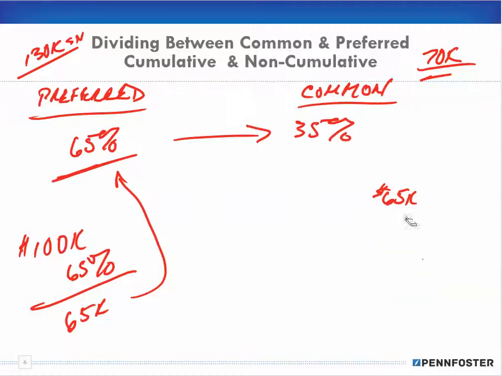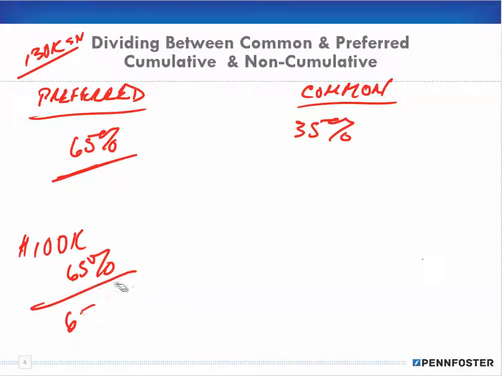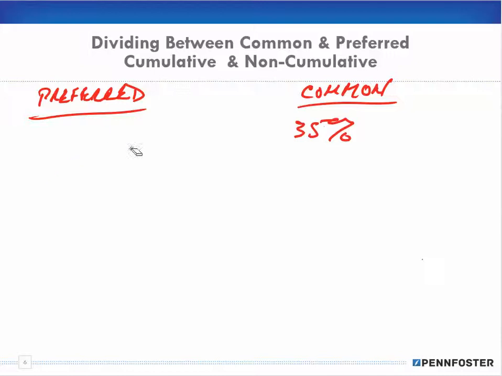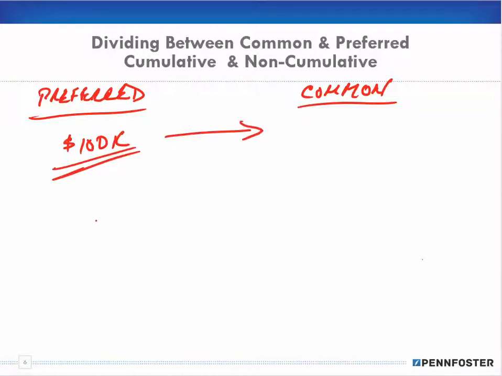Now, let's say I'm trying to think of examples where the agreement, as far as preferred is concerned, is that preferred will get the first $100,000 of dividends, and then anything remaining left over will go to common.